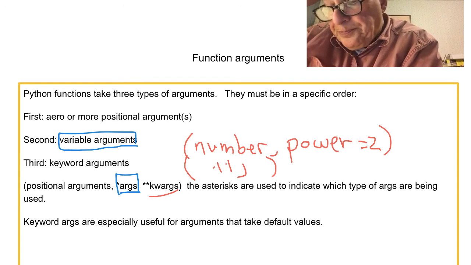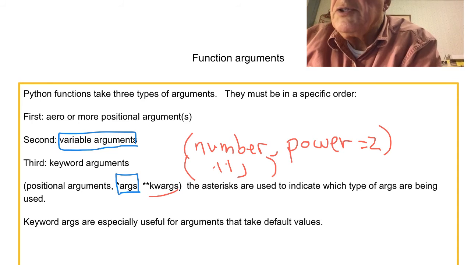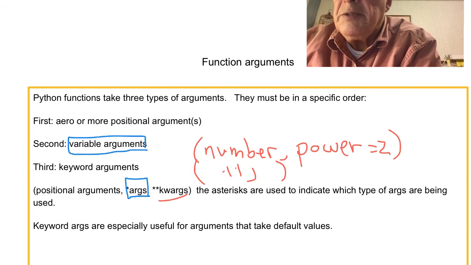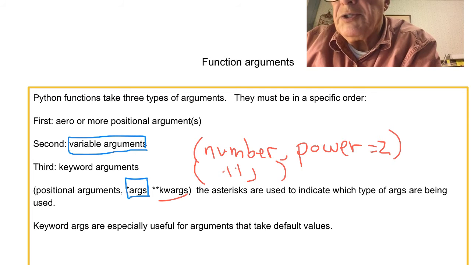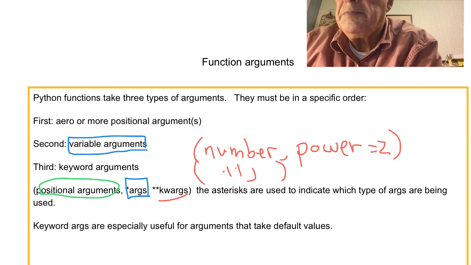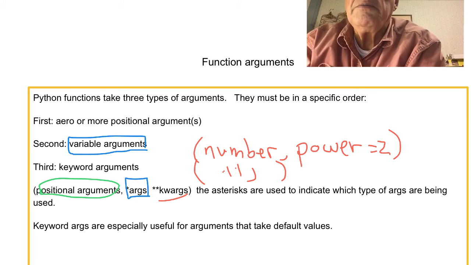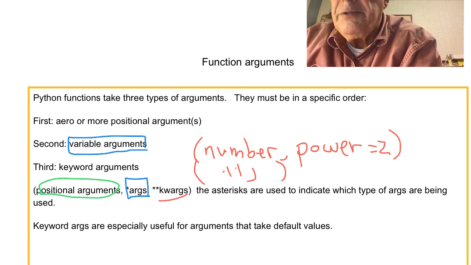But the point is, depending on the circumstances, there are multiple ways to pass arguments to functions. I'm not going to go into them in detail because invariably the vast majority of what you see will be positional arguments. And if you need to know more, you can always do a little online research.